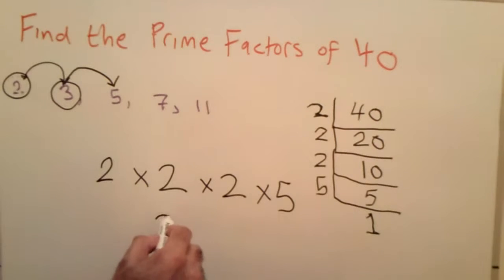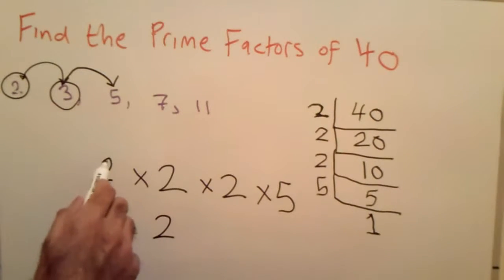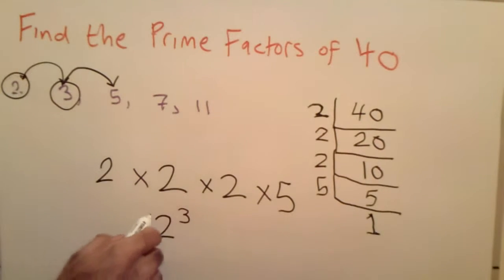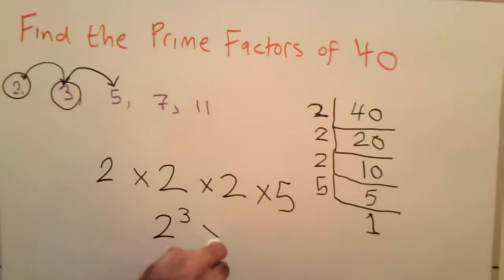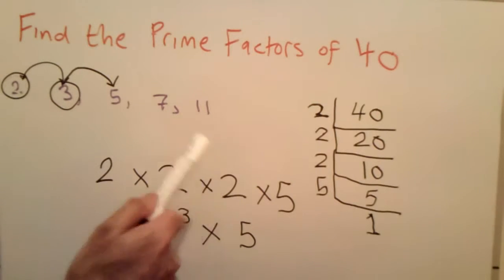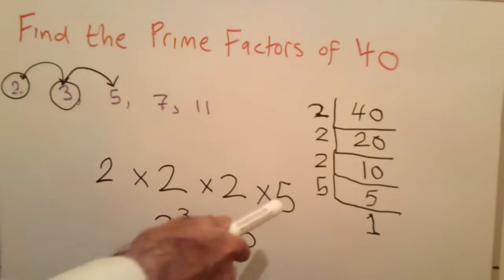So we can write down 2 to the power of 3, 2 being multiplied by itself 3 times, so 2 to the power of 3 multiplied by 5. This is how to find the prime factors of 40. So 2 times 2 is 4, 4 times 2 is 8, 5 times 8 is 40.